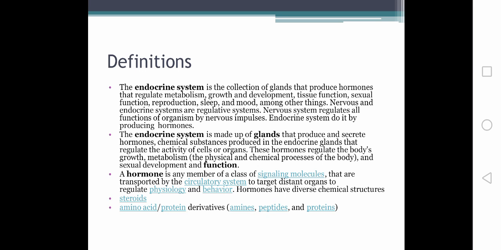And the endocrine system does it by producing hormones, biologically active substances, which are mainly proteins, peptides, and steroids.